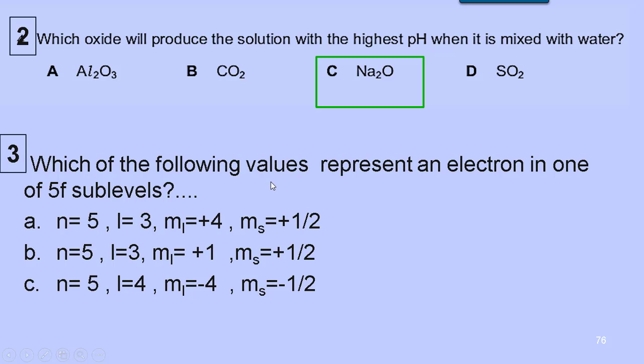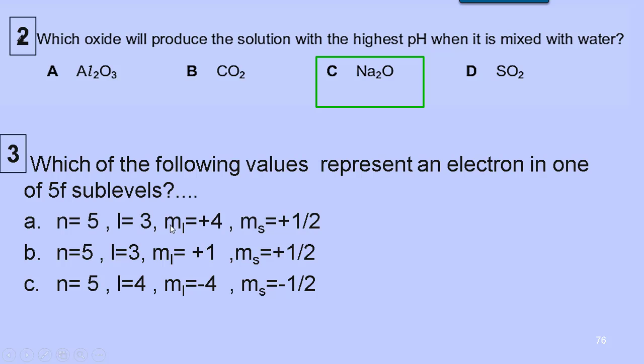Which of the following values represent an electron in one of 5F sublevels? We have here the three choices starting with 5 because we are in the principal energy level 5. Let's move to the subsidiary quantum number of F equal 3. So we can exclude the choice C because here L equal 4 and it's not correct.